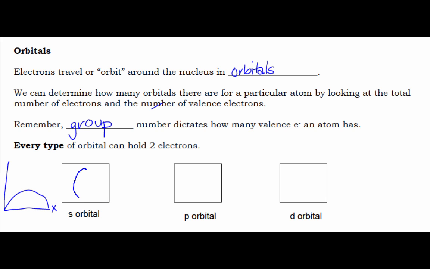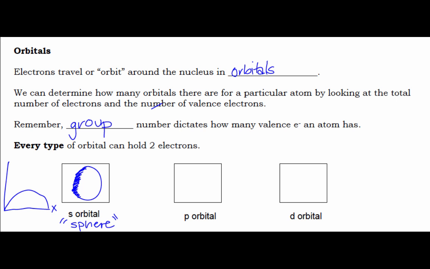An s orbital is just a sphere with some shading in it, so it needs to look three-dimensional. In real life, it doesn't have shading. It's just to help remind you it's supposed to be a three-dimensional shape. So we say s stands for sphere.